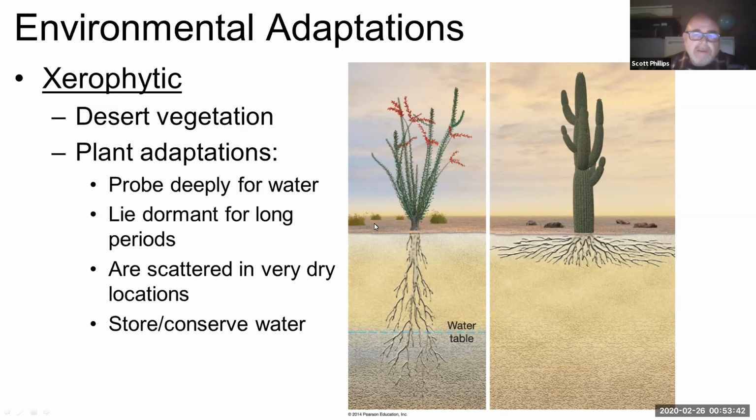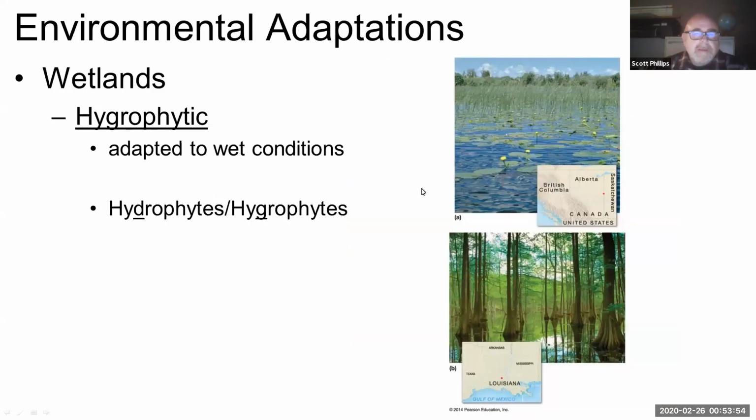Sometimes they're scattered about with a lot of distance in between them, so that they don't have to share water with their neighbors. These are examples of xerophytic adaptations. And in some places, it's not the lack of water, but the excess of water. So you also have hygrophytic or hydrophytic adaptations for wetland plants that have to survive in either seasonally wet or consistently wet conditions.